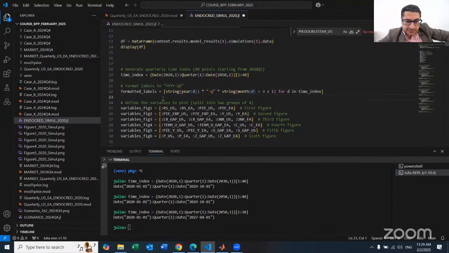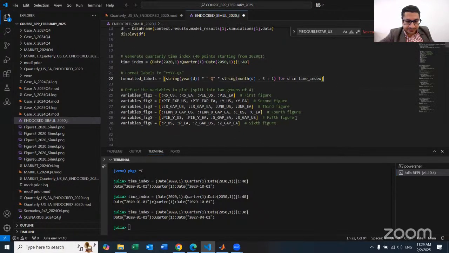Then format X label. Because the default function of creating the X axis will plot year, month, day, hour, minute, seconds, by this command we are saying make it shorter.